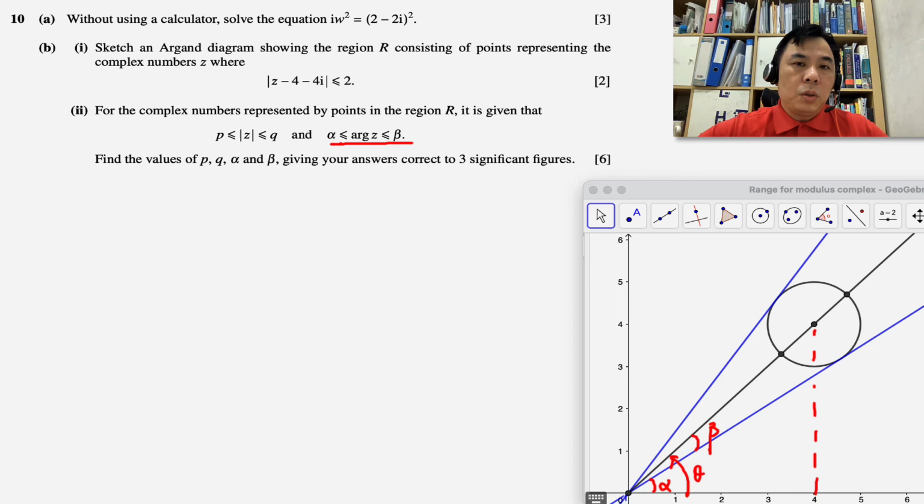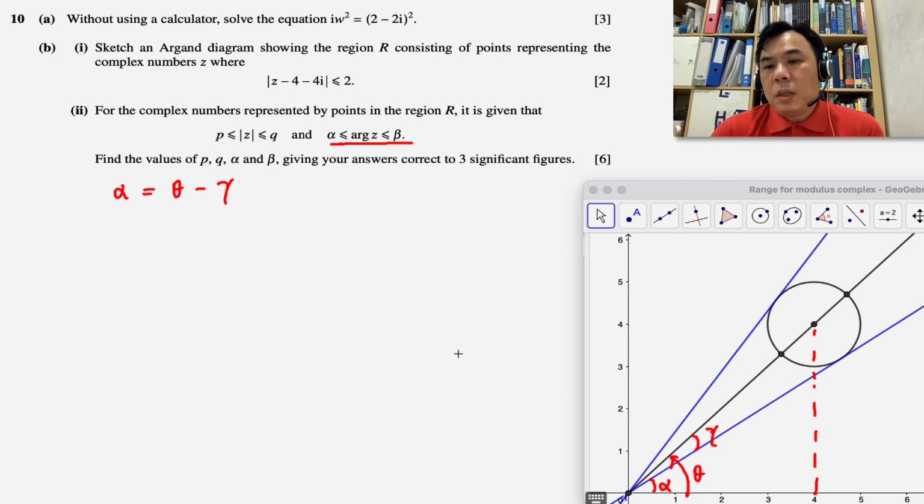And then theta subtract off another angle here. I shouldn't call it beta because we already have beta there, so I would call that gamma. I'm going to make use of the angle gamma here, and by subtracting gamma from the angle theta, I will be able to obtain alpha. So alpha is basically theta subtract off gamma.